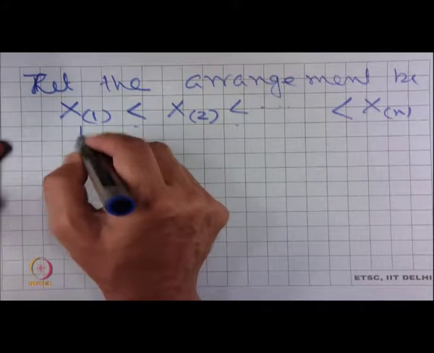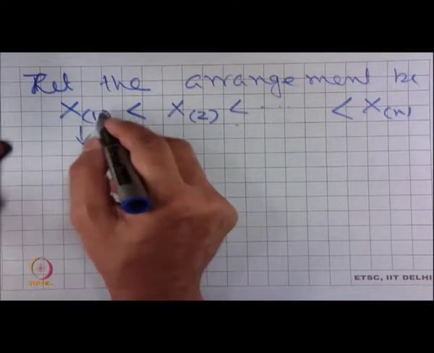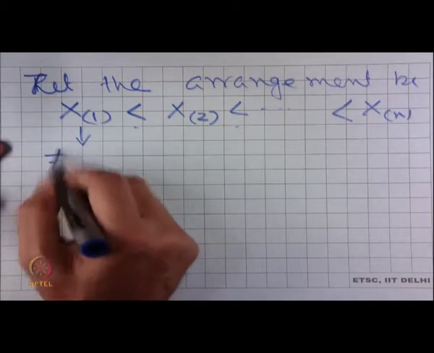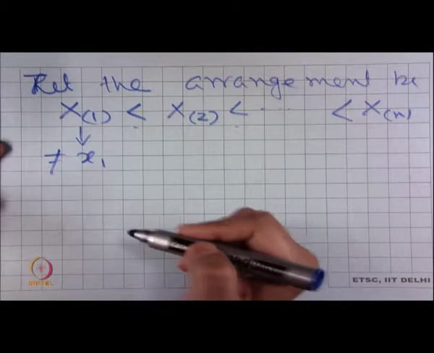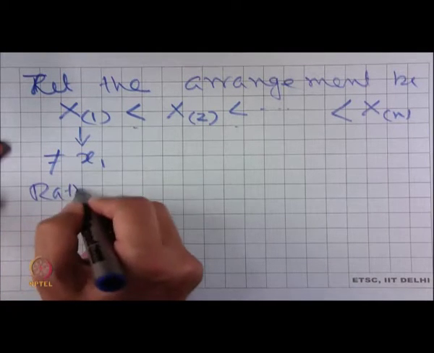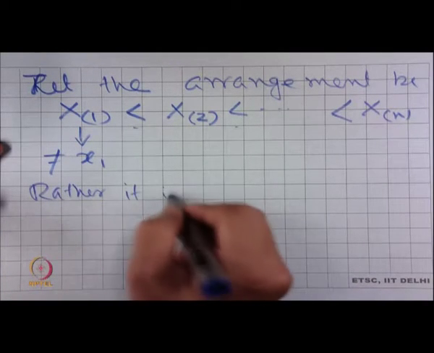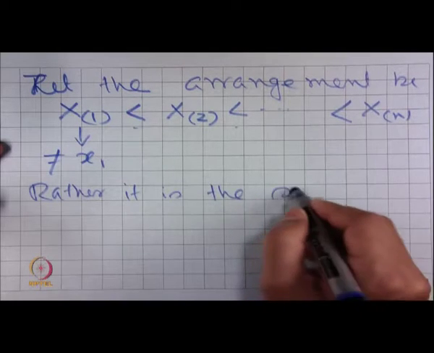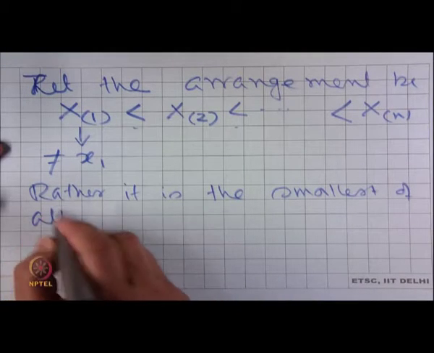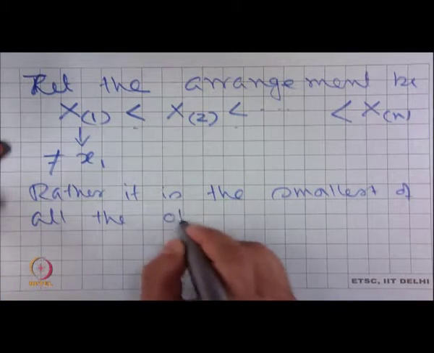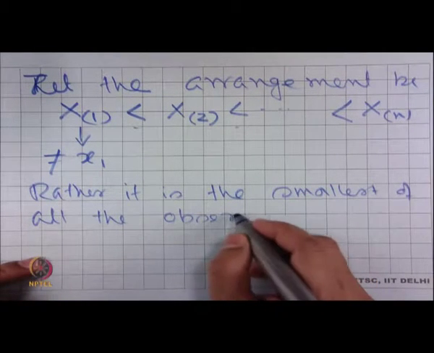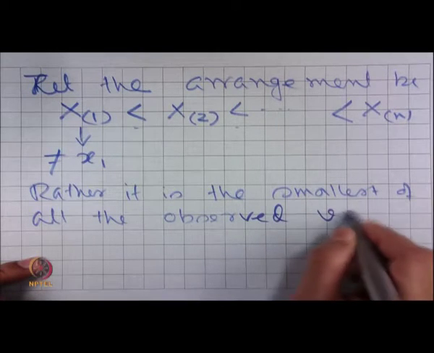So, what is x bracket 1? You remember this parenthesis, this is not equal to x 1, the first observed sample, rather it is the smallest of all the observed values.